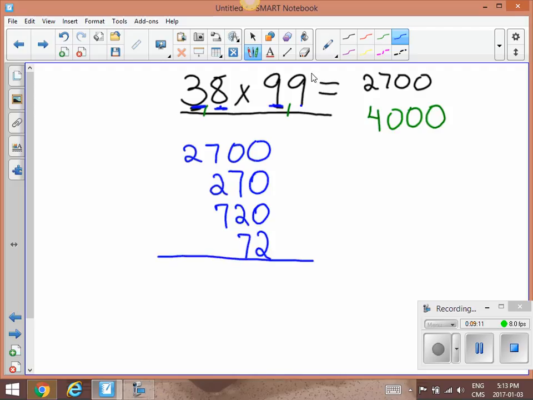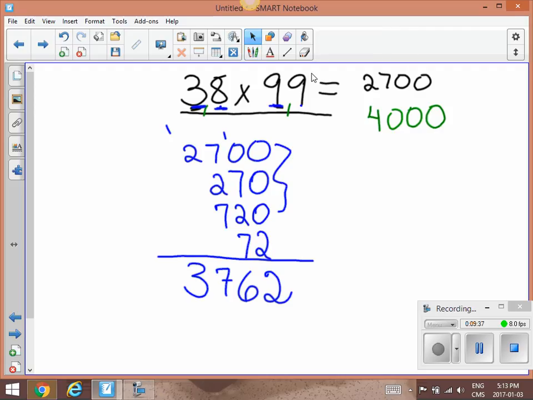So in this strategy, it does not matter in what order you do this. If you watch the last one, you'll know that I started from one side into the other, but as long as you're multiplying each digit by each digit, you are fine. 3 zeros and a 2. 2, 14, 16. There's a 1 up.